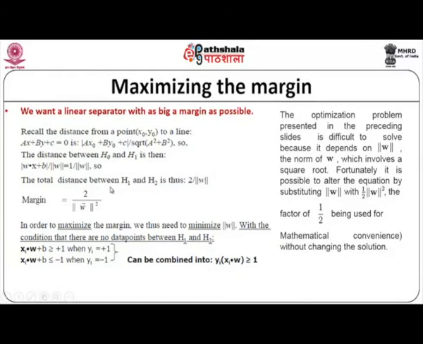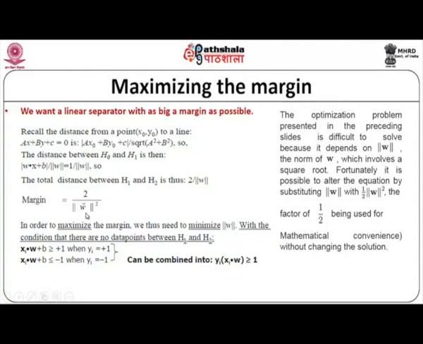Therefore, we will end up with 2 divided by the norm of the vector W, the whole square. Though we change it for convenience, the solution is not going to be affected.